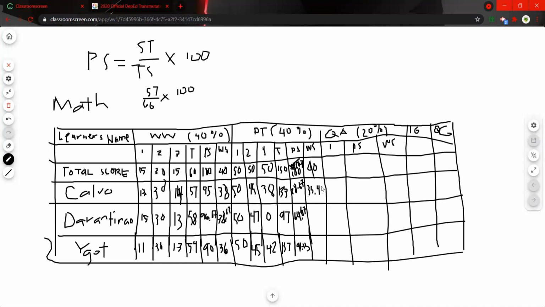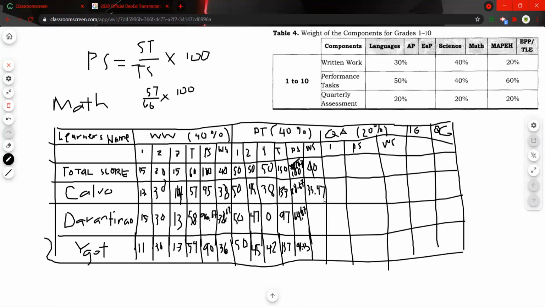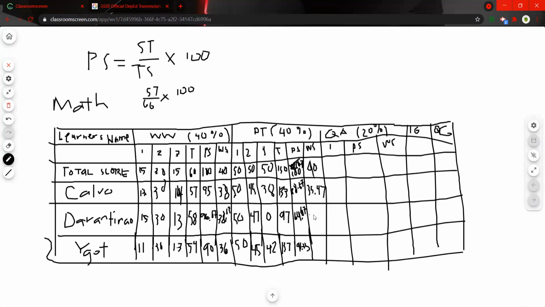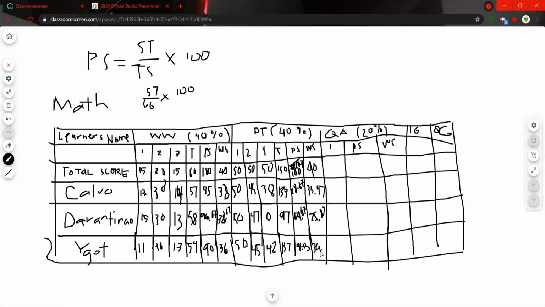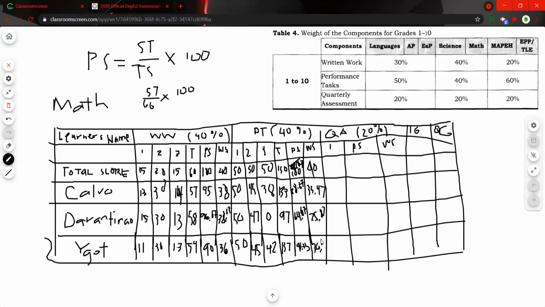Next, 64.67 times 0.40, that is 25.87. And for Igot, 91.33 times 0.40, that is 36.53.